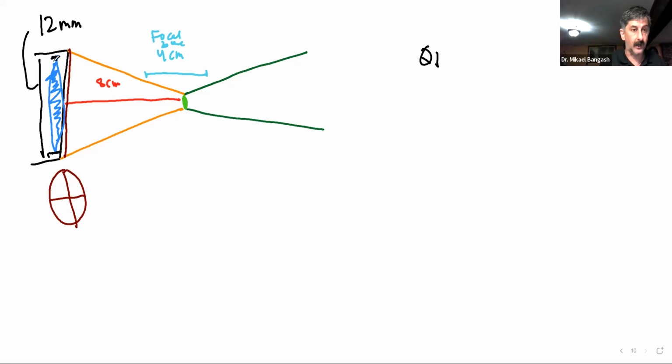Now that's why I say if your PCT is 12 millimeters in this case here, that may mean it's going to be 12 millimeters tall. And since it is a disc shaped transducer, it's also going to be 12 millimeters wide.